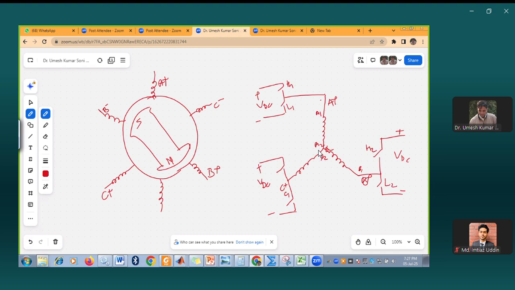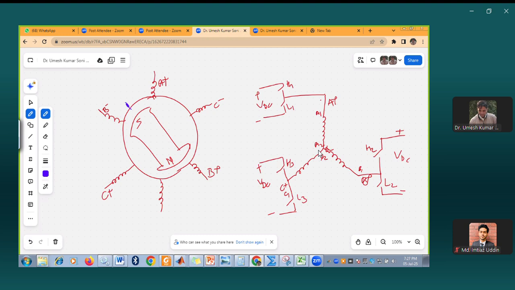We say third phase S3 and L3. Okay, so according to the positions of the rotor, we can sense and energize the appropriate phases.